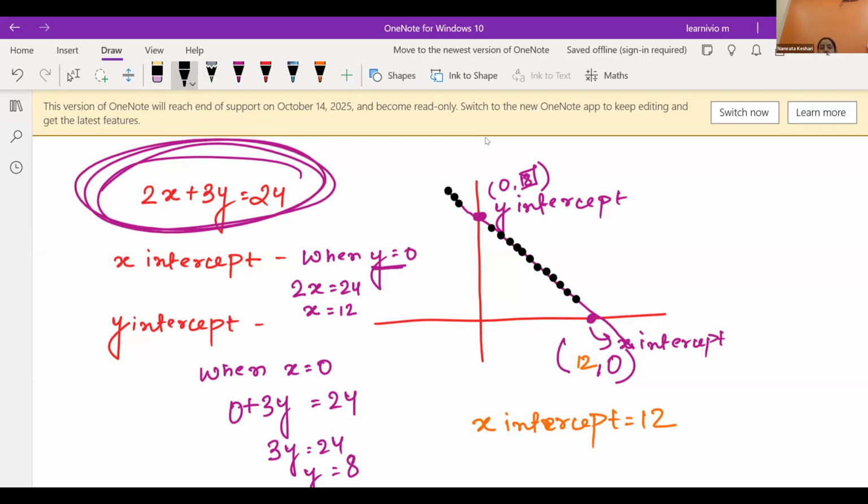Manvi and Mariam, you are copying it, right? Let me know once you are done.